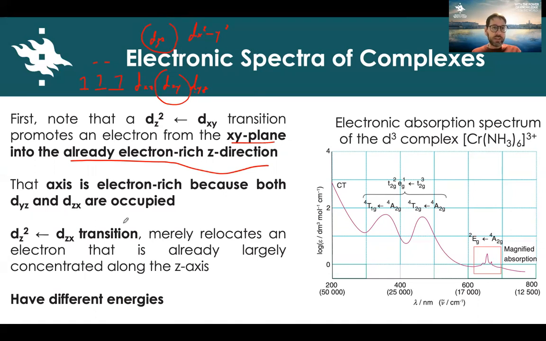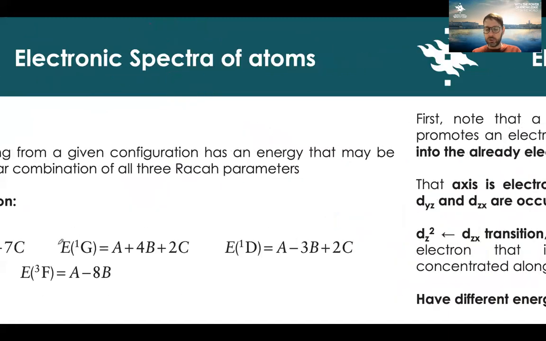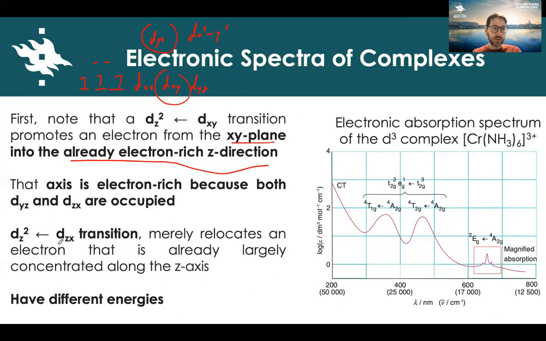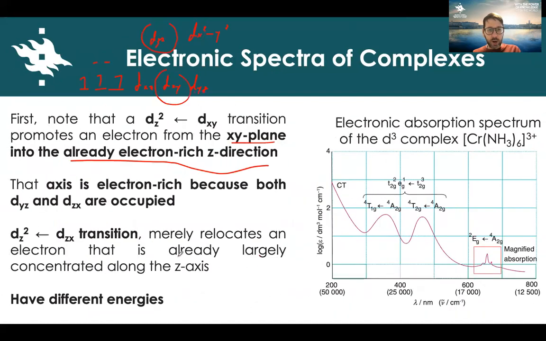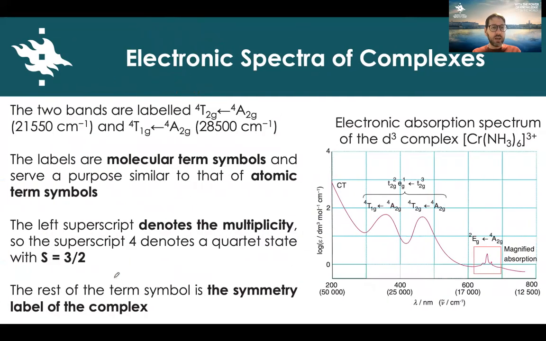On the other hand, if we have a transition from dxz or dyz to dz squared, this means that we are merely relocating an electron that is already largely present along the z-axis. So you can see that in this qualitative picture, we can already expect that these two kinds of transitions would have different energies, okay?